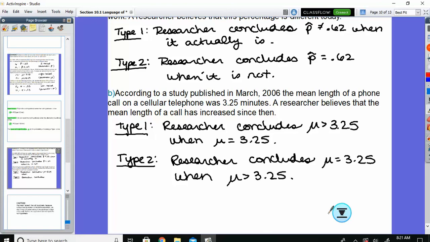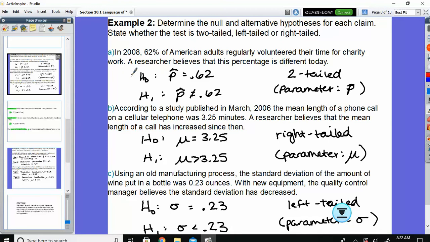One thing that we'll talk about more tomorrow when we actually start testing some of these hypotheses: when we test a null and an alternative hypothesis, we are never going to just say that the null hypothesis is true. We will look to see if there's evidence that it is not true.